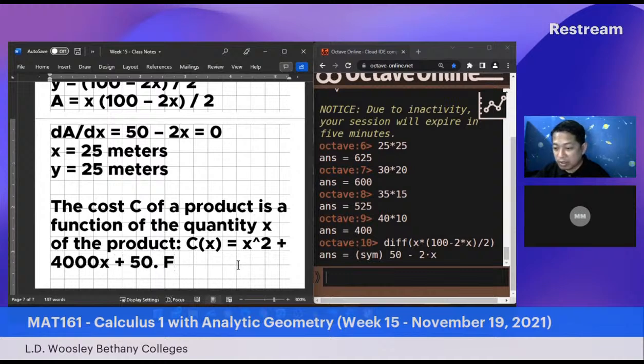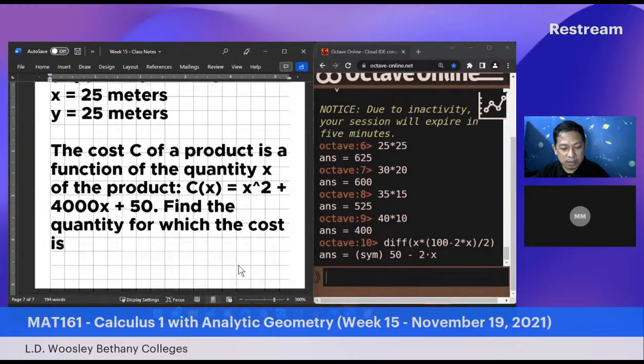Okay, so that's the equation of the cost in terms of X, the number of the product. Now, find the quantity for which the cost is minimum.